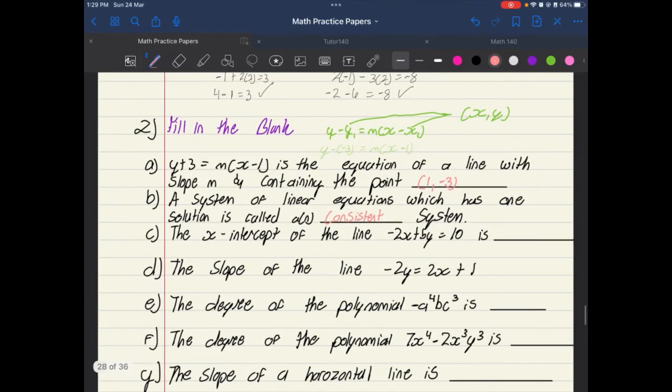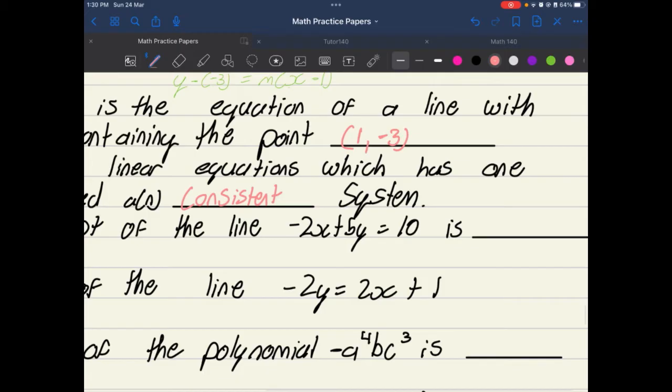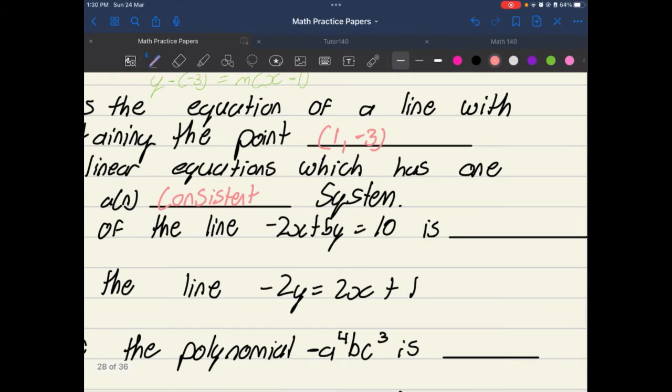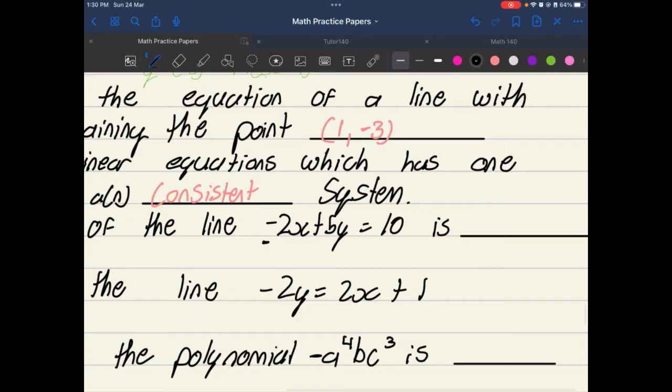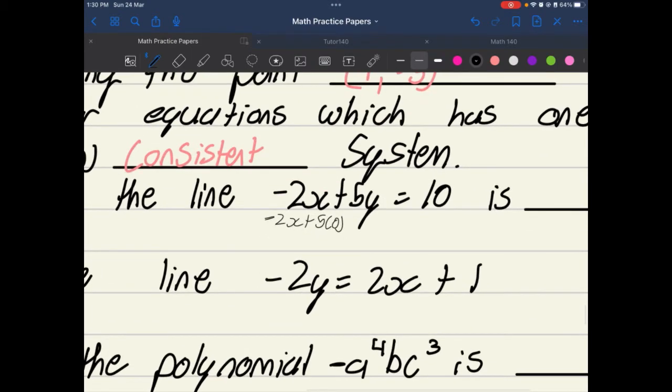The x-intercept of the line negative 2x plus 5y equals 10 is... Okay, so to find the x-intercept, we have to substitute 0 for y. So we'd have negative 2x plus 5 times 0, because we're substituting 0 for y, is equal to 10. And then we just solve.